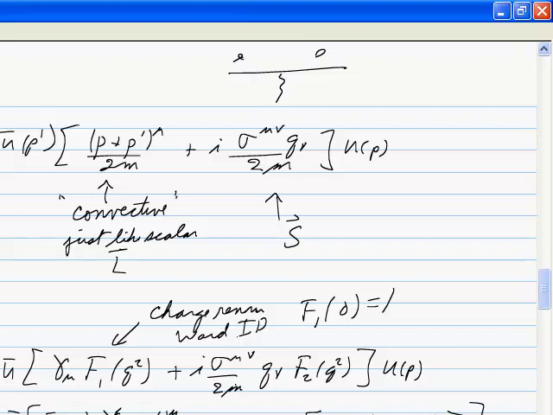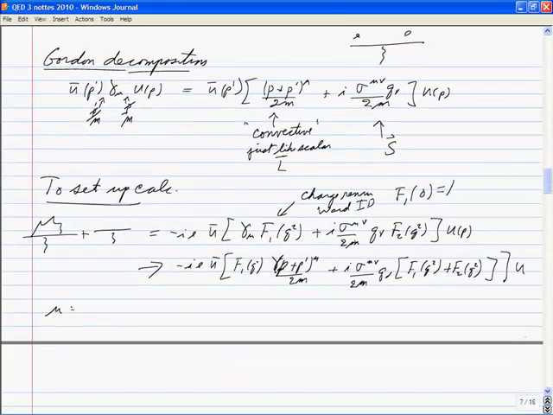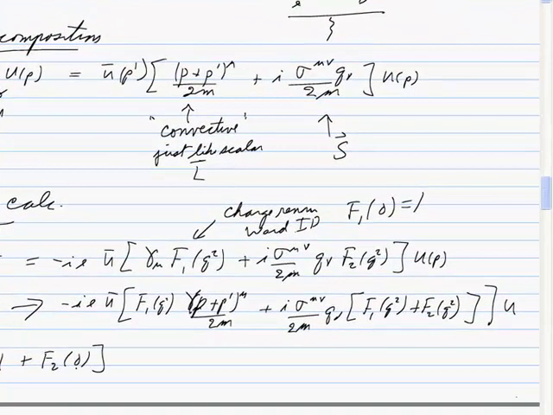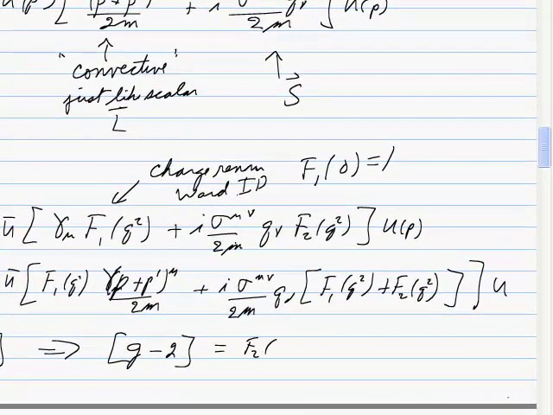And picking out the S part here, we see that the magnetic moment is mu equals e over 2m times (1 plus F2 of 0), which, since the 1 corresponds to g equals 2, implies that g minus 2 is F2 of 0.